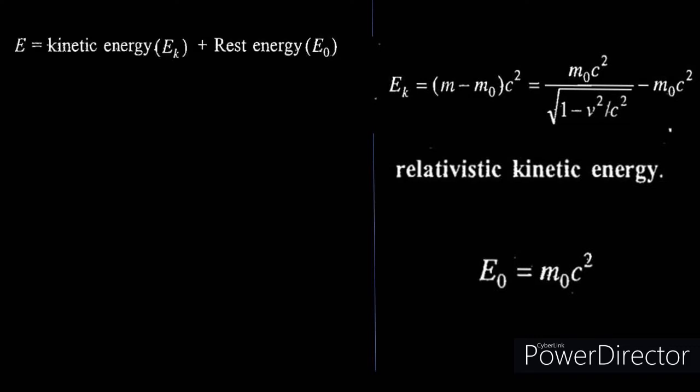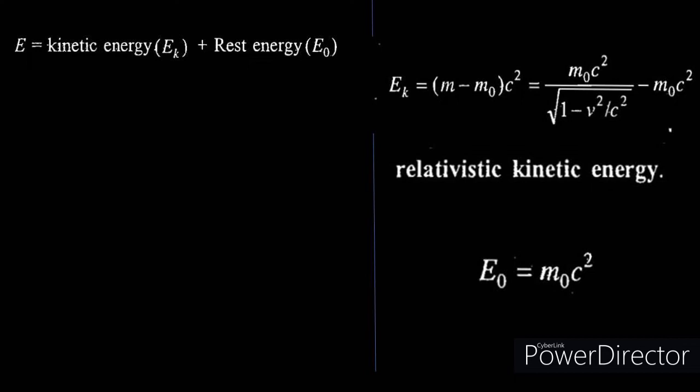To find the total energy of the particle, we have to add its kinetic energy and the energy when it is at rest. So the total energy will be the sum of its kinetic energy and the energy when the object is at rest. So total energy is equal to kinetic energy Ek plus rest energy E0.